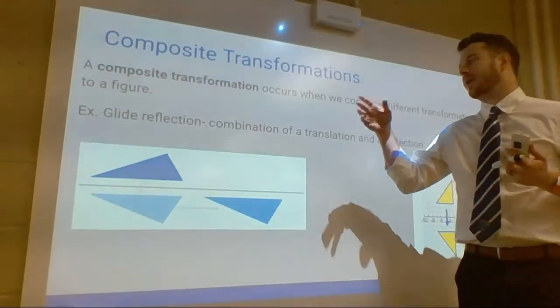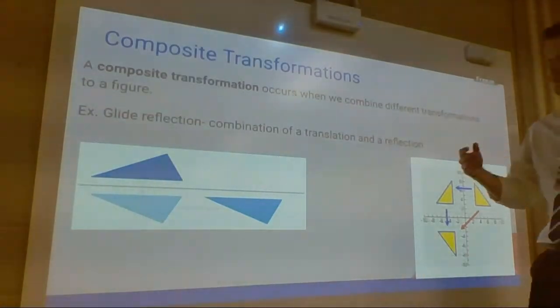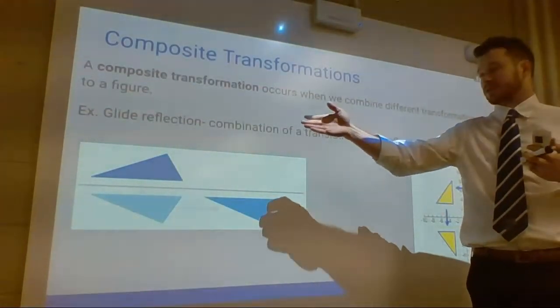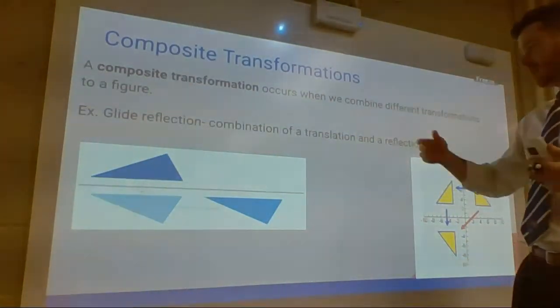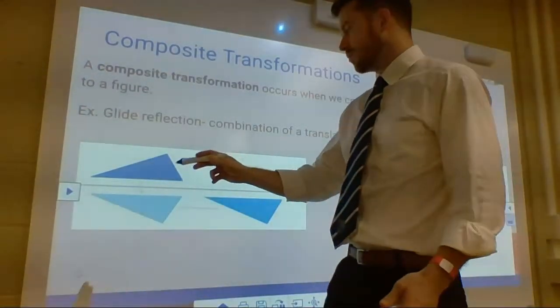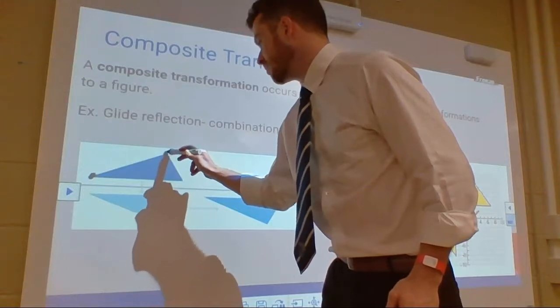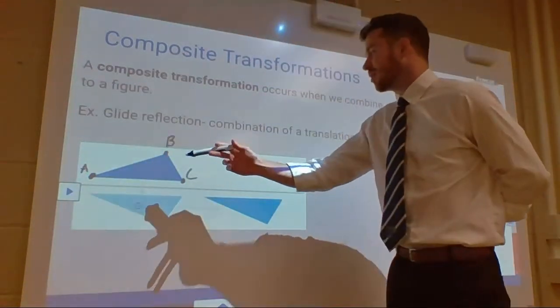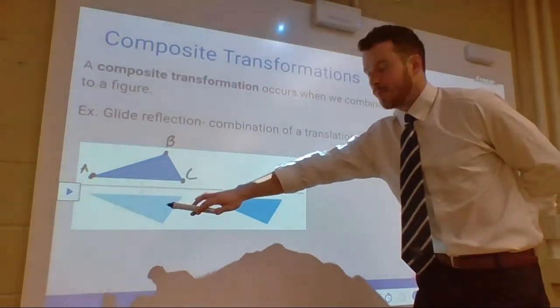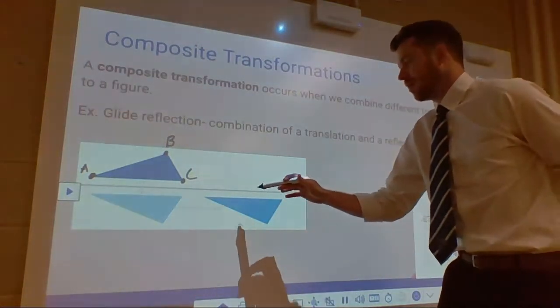Let's get going. So like I said earlier, a composite transformation occurs when we combine different transformations to a figure. So here's an example, a glide reflection. It's a combination of a translation and a reflection. So let's just say this is triangle ABC, and it's going to not just reflect, but at the same time, it's going to translate as well.